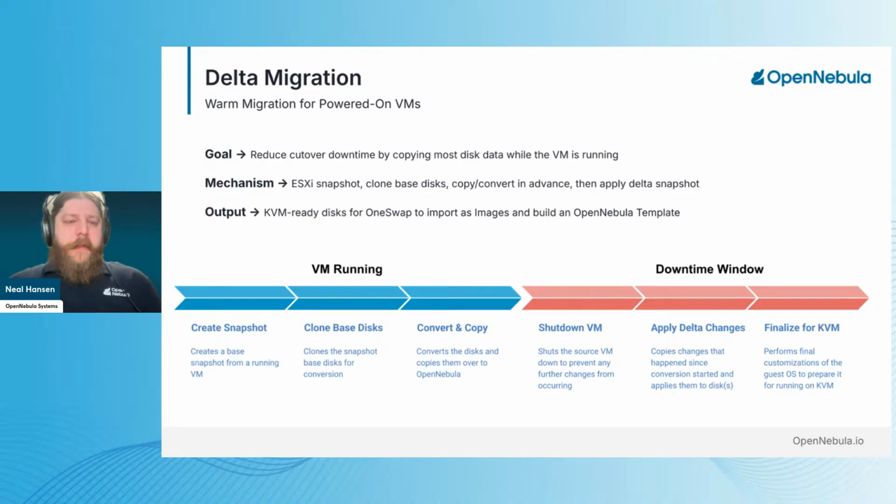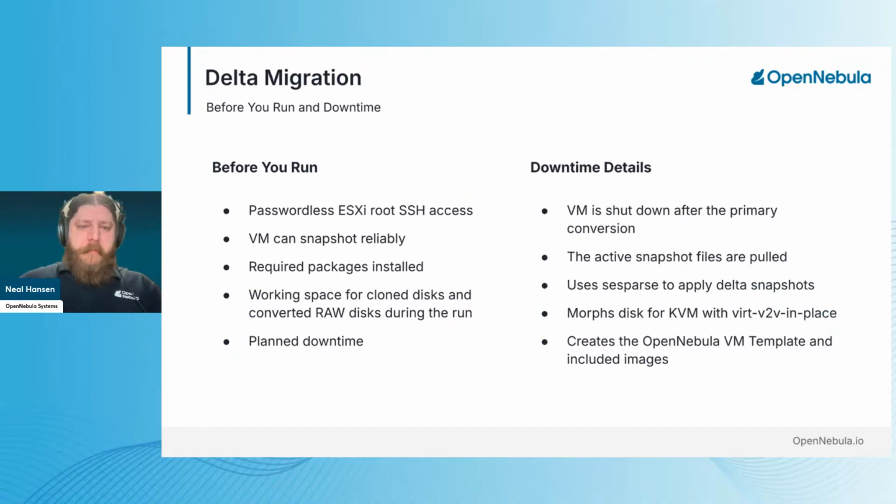So rather than having the VM down for all the time, it's only down for part of the time. And there's also some clone options in there as well, so we can automatically clone the VM, or you can clone the VM ahead of time as well if you have the space for it. That's always a nice way to have the VM running while you're converting.